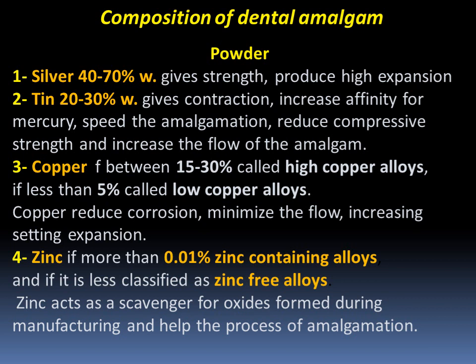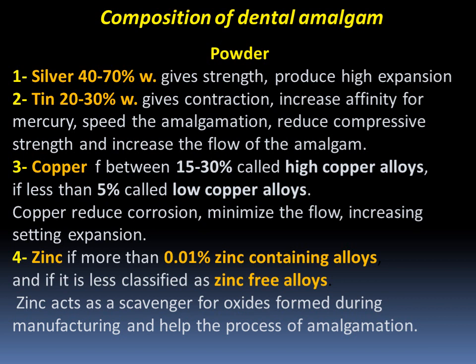Number 3, copper. This is very important. If it is between 15 to 30%, it is called a high copper alloy, and if less than 5%, it is called a low copper alloy. Copper reduces corrosion, minimizes the flow, and increases setting expansion. Number 4, zinc.